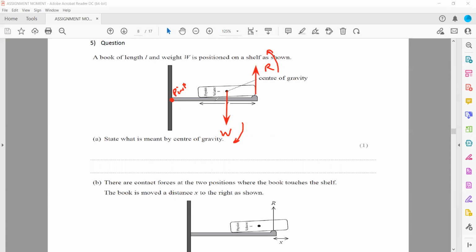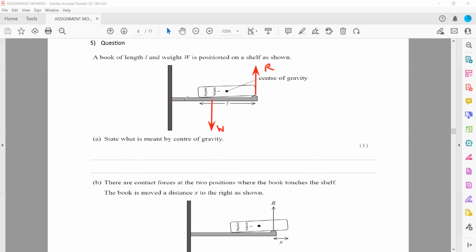If we did not move the book, the weight is acting at the combined center of gravity for the book as well as the beam. So the combined center of gravity acts here at the center, and R is at the full length.